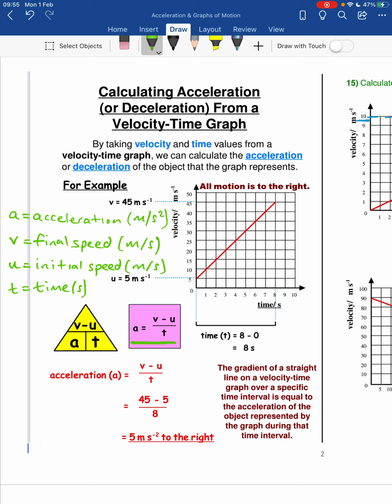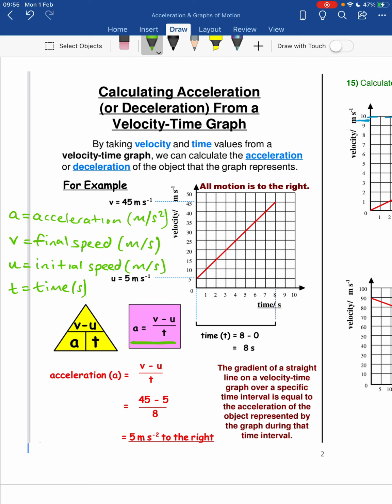Now what you'll notice is that instead of a sentence or a paragraph that describes the motion of an object and gives us some key numbers, we've got a speed-time graph instead. So what we're learning to do is to take numbers from a speed-time graph and substitute these numbers into the acceleration equation.